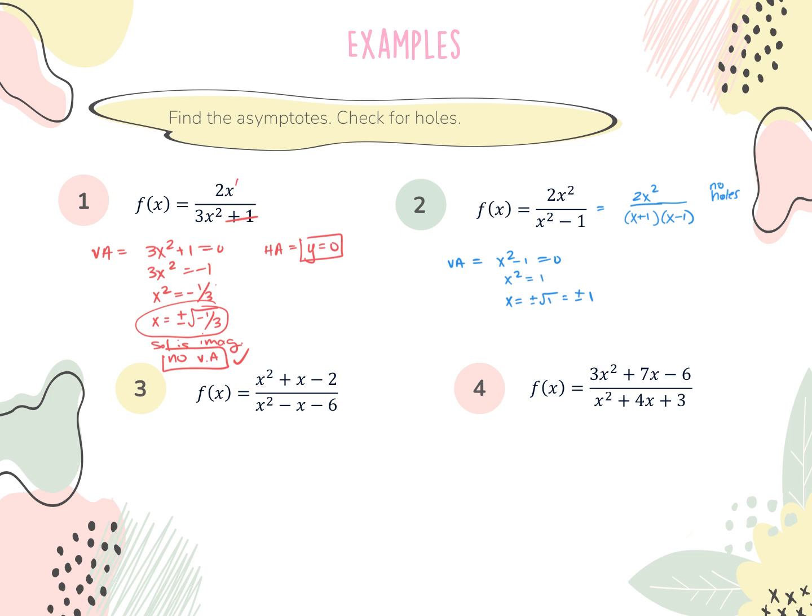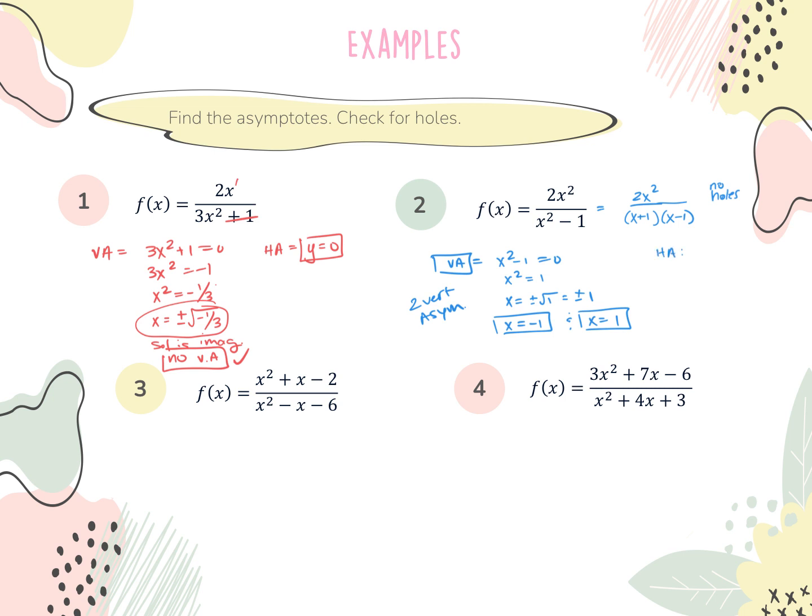So notice here, I'm going to have two vertical asymptotes: the line x equals -1 and the line x equals positive 1. Having two vertical asymptotes is actually okay, and when we start graphing, I'll show you what that looks like. Then we're going to go over to our horizontal asymptotes.